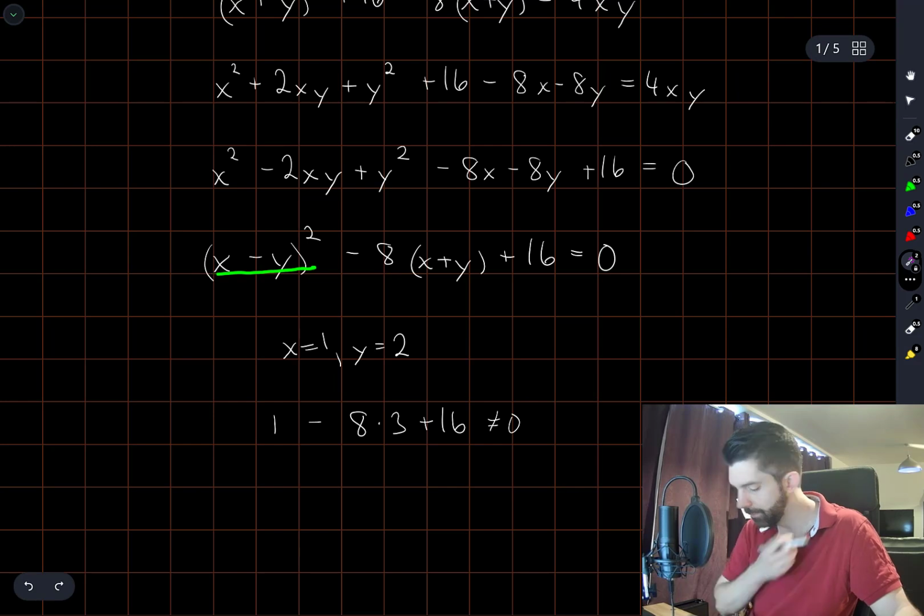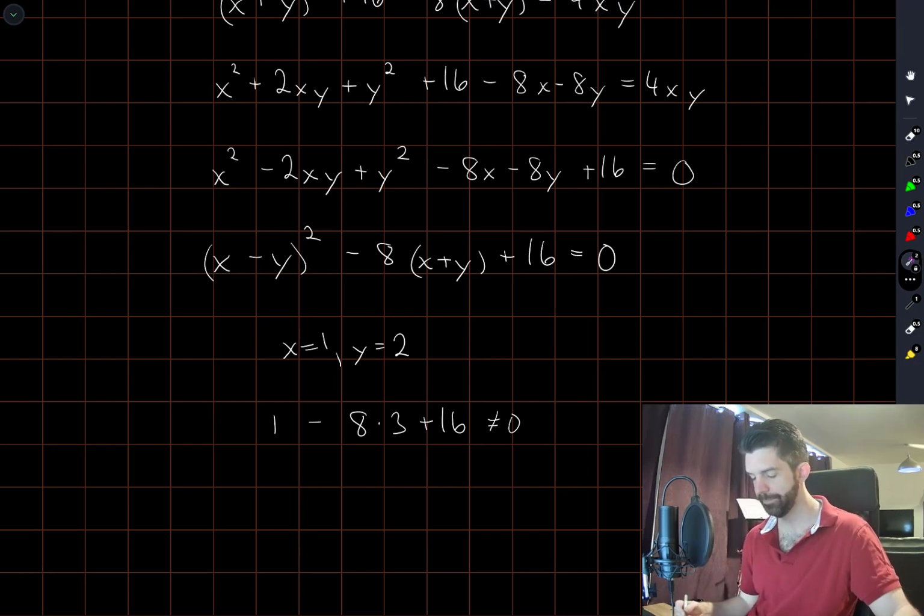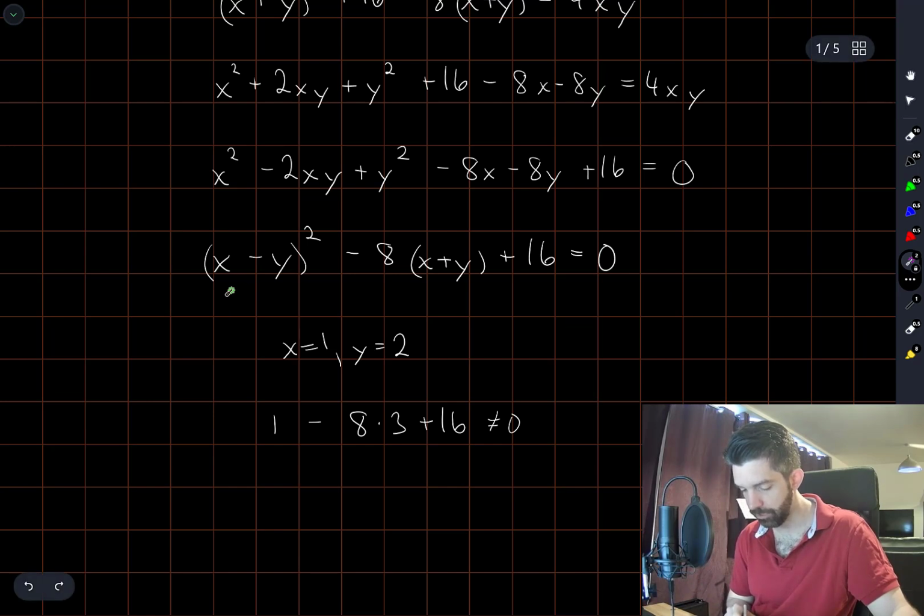So this number, x minus y, is going to have to be a multiple of 2, right? x and y are both even or both odd, because if x and y have different parity, then this whole thing will be odd.